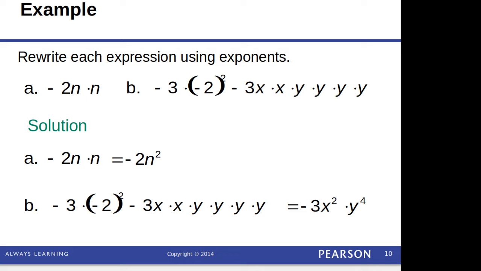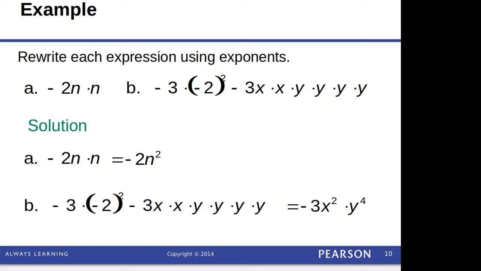All right, so we have an expression, -2n times n. And I'm just going to say, hey, this is all going to be equal to something else. What we want to notice is these are a series of multiplications. And if we look under the hood, we're saying this is -1 times 2 times n times n. We don't talk about the ones that we multiply by, just a weird convention of mathematics, right?